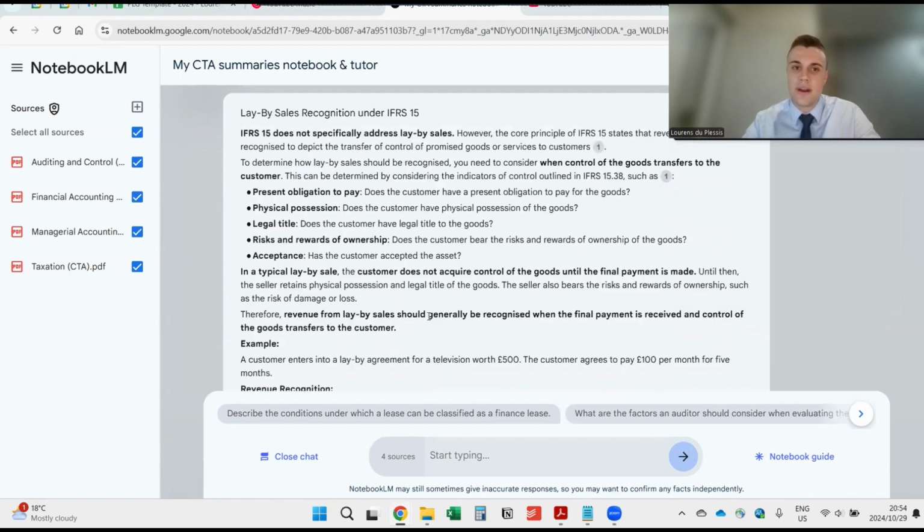But while reading this, I remember Mr. Ahmed always said that we should answer any revenue question in terms of the 5 steps of revenue recognition. So I'm going to ask it, please, can you answer the above revenue question by referring to the 5 steps of revenue?